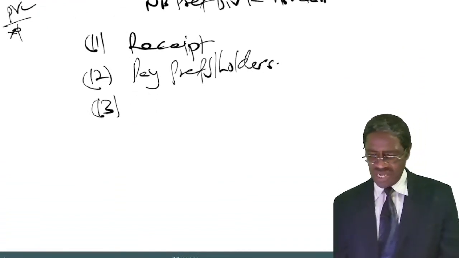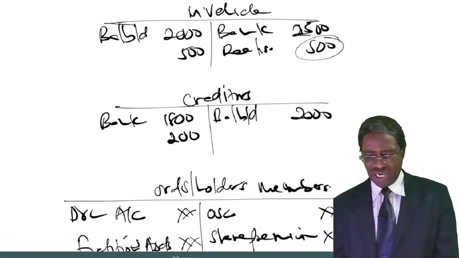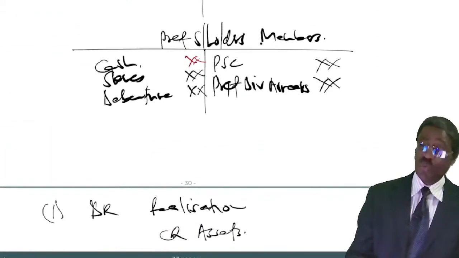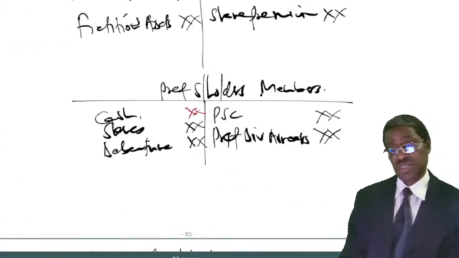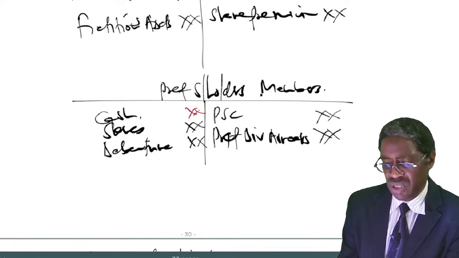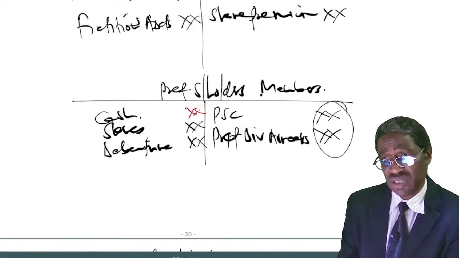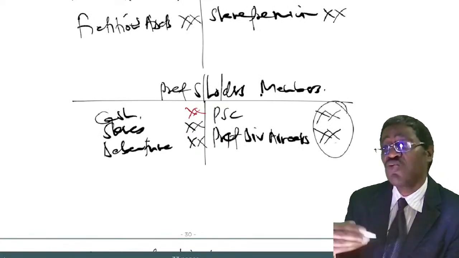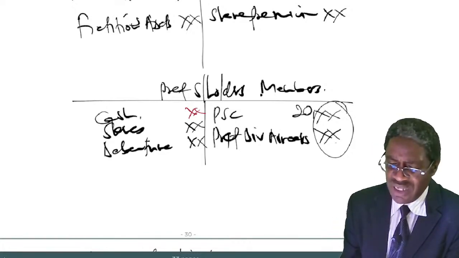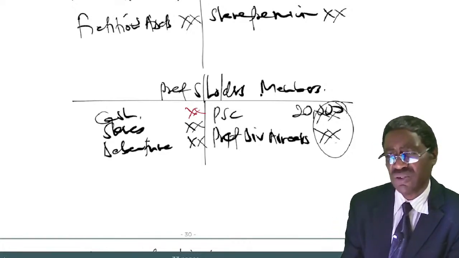Before I write it down there, let's go back to that account. We have just paid the preference shareholders what is due to them. Listen. Suppose when you look at this account, on the credit side, meaning what you owe to the preference, let me assume you got 20,000.